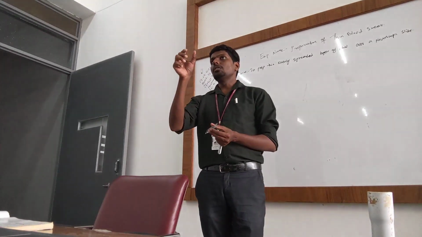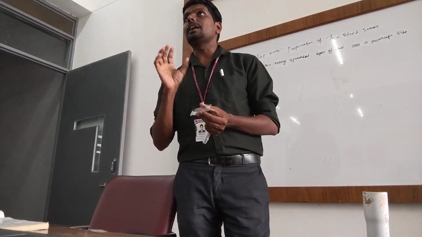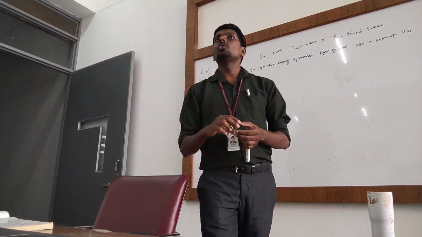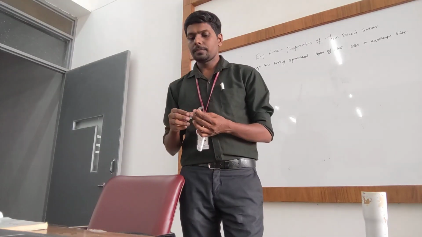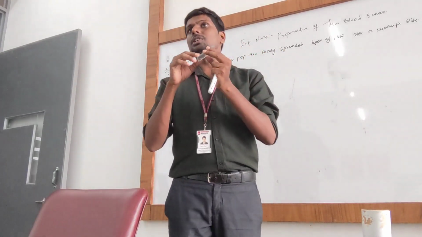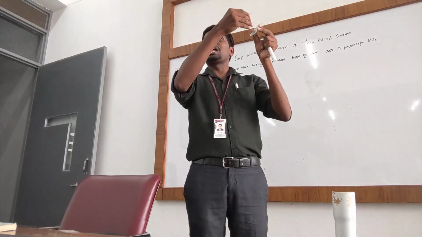Okay. Now write down qualities of a good blood smear. So what might be the good qualities of blood smear? Can you tell me, students? What if the smear is like a snake? It's like a zigzag.